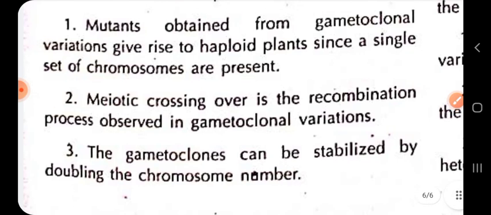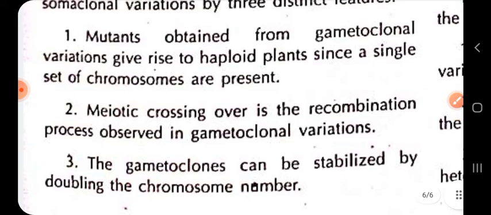So we have to double the chromosomes, and only then can we stabilize the gametoclones, because if we induce some variations, they cannot withstand, as they have only a single set of chromosomes. The other set is naturally missing, because the gametes are obtained from meiosis products. So we have to double the gametic chromosome number, and only then can it become stable.